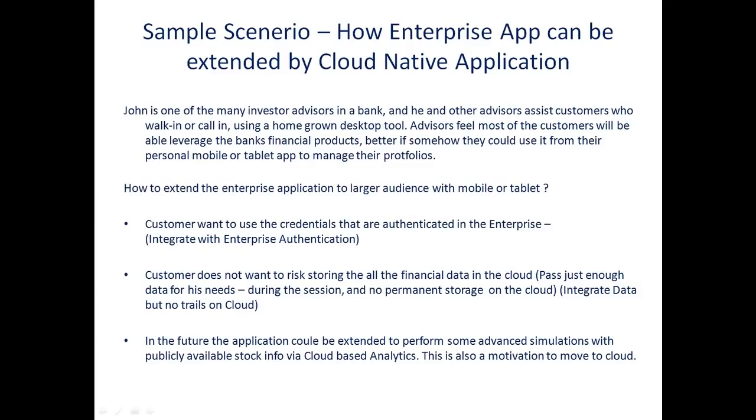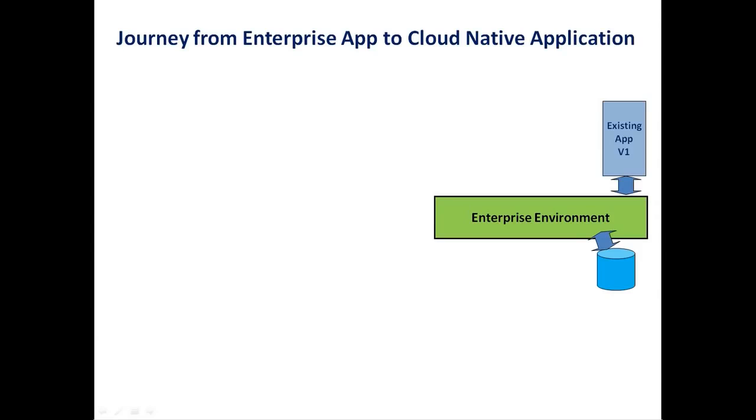Of course, in the future, they want to leverage cloud-based analytics so that we can use the real-time data. So how do they move from the enterprise app and integrate with the cloud native app?